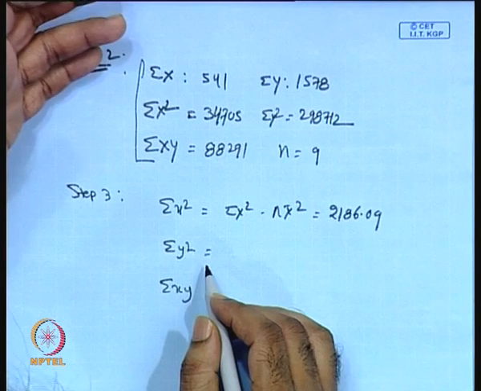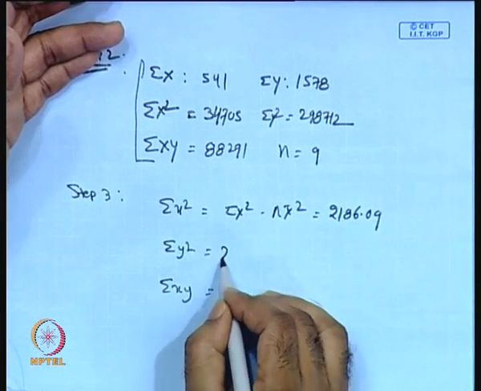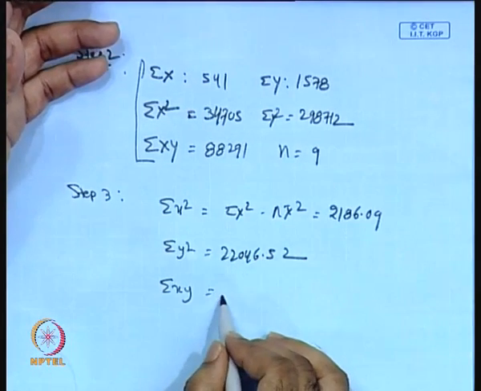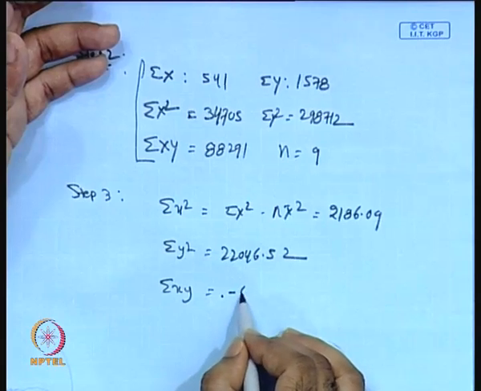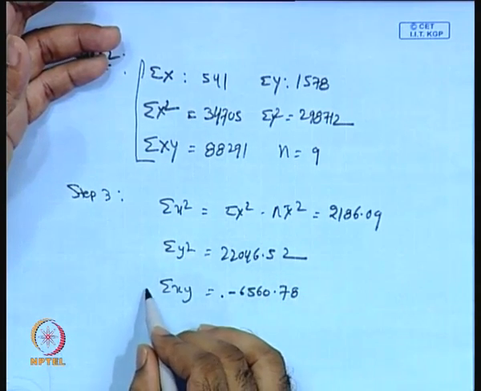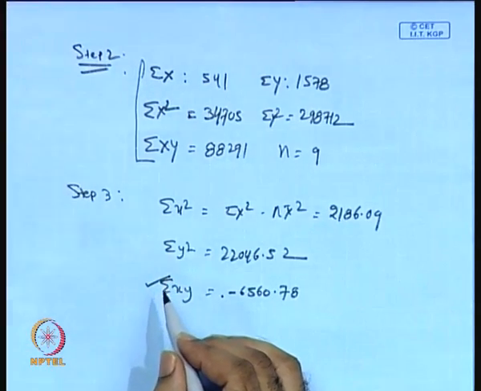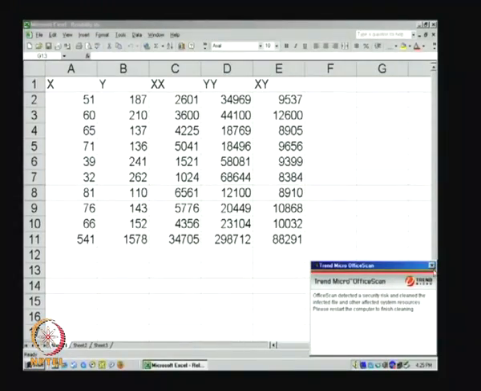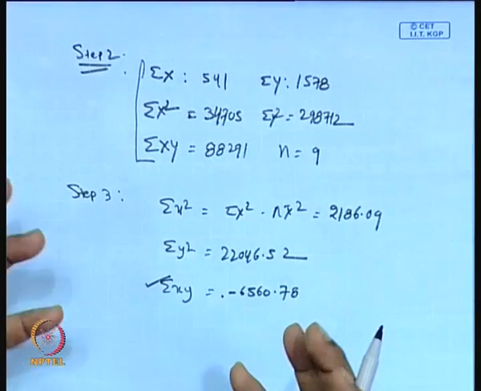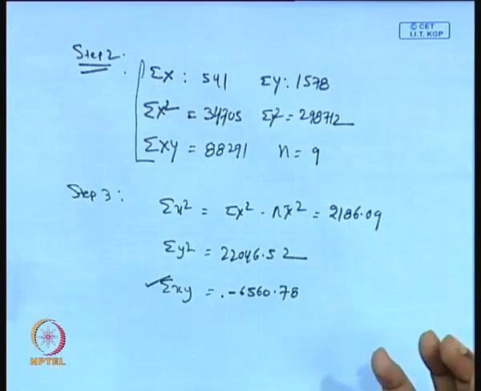Similarly, summation y square is equal to 22046.52. Okay. Similarly, summation x y is equal to minus 6560.78. Since the covariance is coming negative, this represents that they are negatively related to each other.